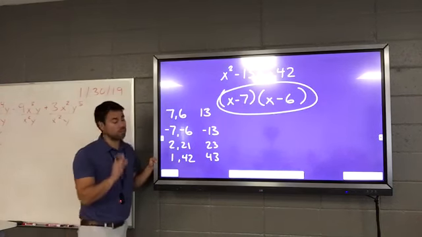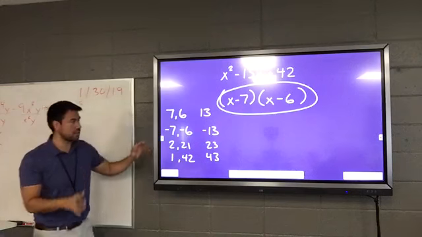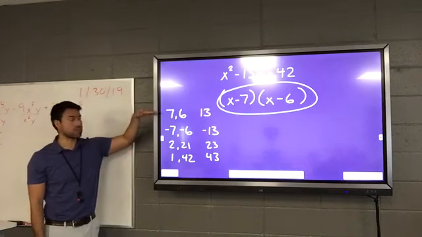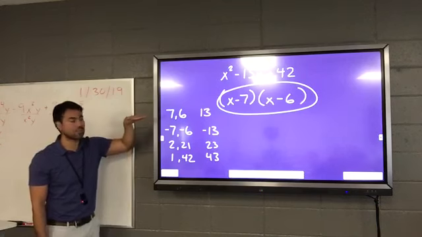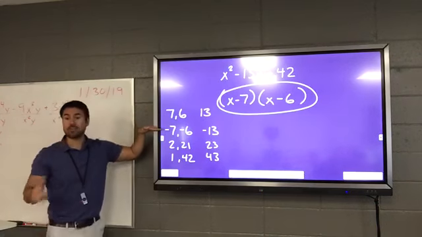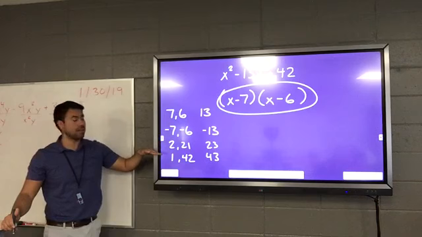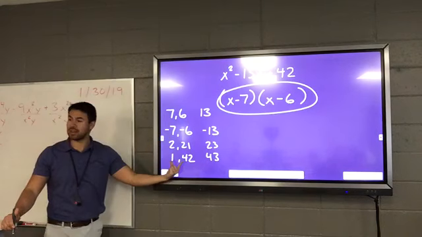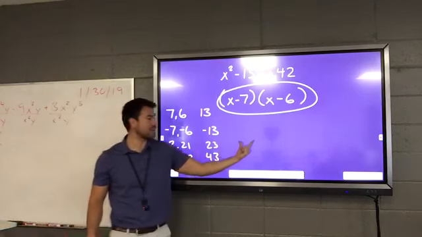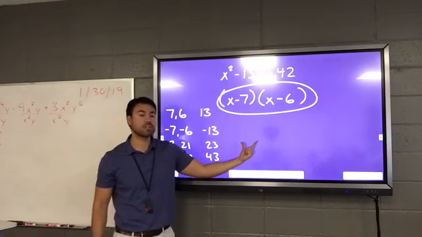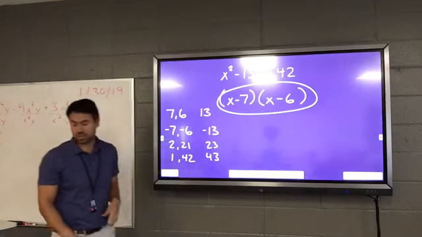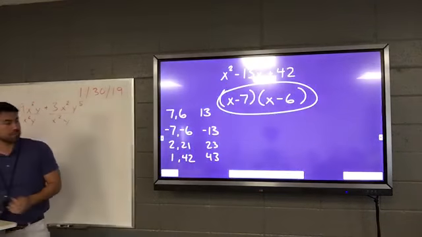Several. What I'm trying to tell you is it's not always straightforward. Some of you went through that and got it, and some of you had to keep going and say, wait, it's this right here. Or it's negative 2 and negative 21. So please don't give up. There are factors. You just got to think a little bit more through it.